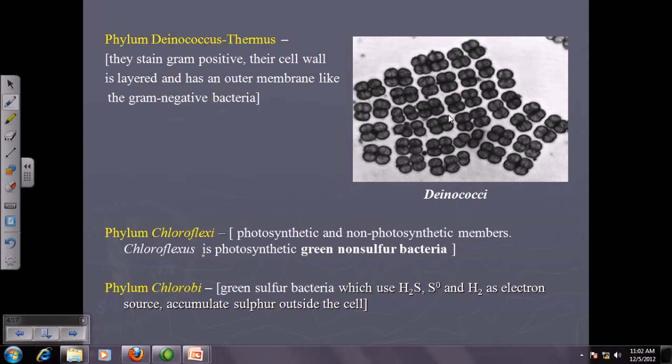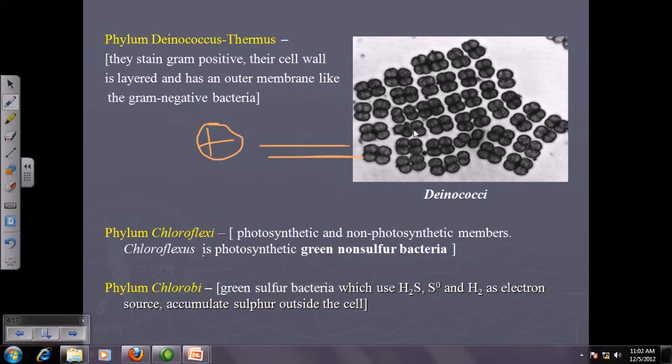They stain gram positive, but their cell wall is layered and has an outer membrane like gram negative bacteria. That is quite unusual. They stain gram positive, so that is fine, we can call them gram positive. But what is different inside their cell is that normally gram positive cells have two layers: the inner cell membrane and the peptidoglycan layer, which is quite thick.